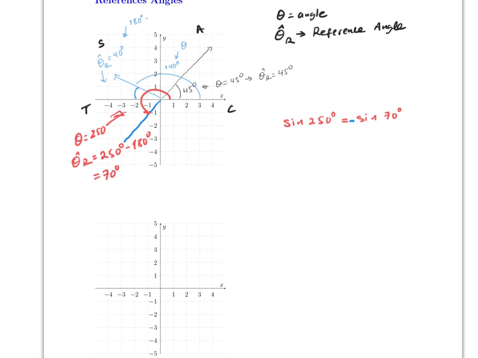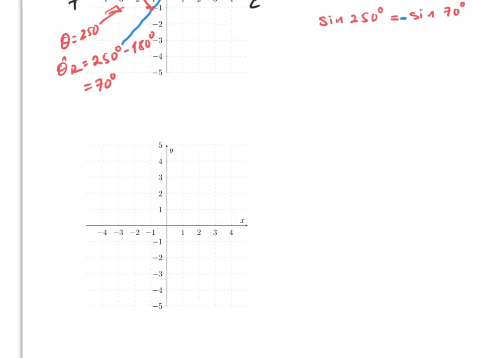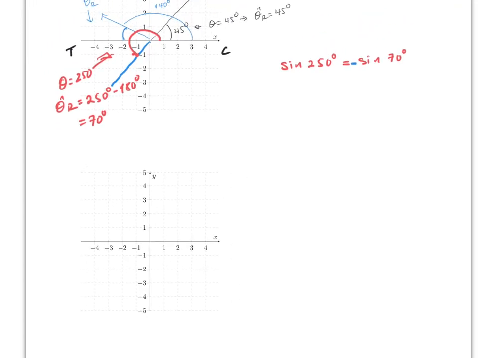All right, so just to recap here, if you are in the first quadrant, theta and the reference angle are the same. If you are in the second quadrant, the reference angle is going to be 180 minus whatever theta is.